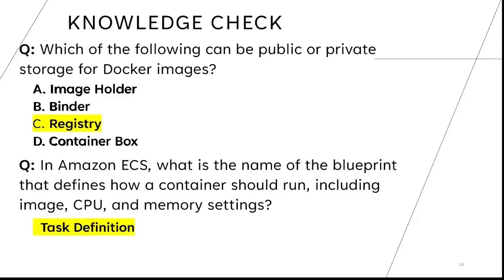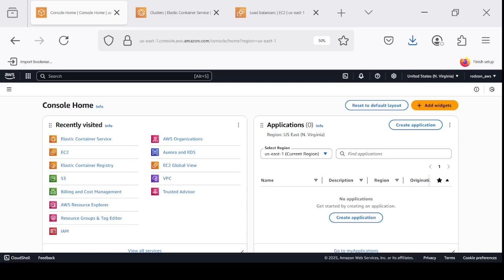So let's proceed to the demo. For the demo on Amazon ECS, let's start by creating a container image, then push it to ECR, the registry. Let's open our browser.